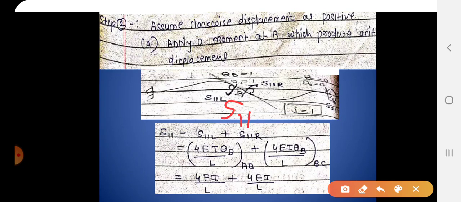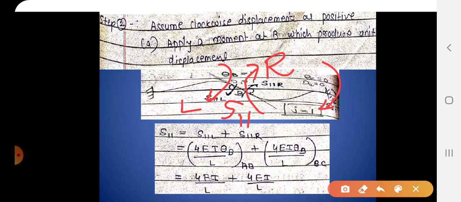S11 L is for span AB and S11 R for span BC. This S11 R will get carried over to the other end C, because C is now a fixed end, so half will be carried over to end C.